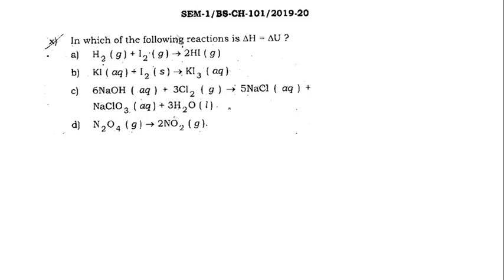Okay, now we have a question from thermodynamics. In which of the following reactions is delta H equal to delta U? That means the change in enthalpy and the change in internal energy are the same. For this we have to remember the relation between delta H and delta U: delta H equals delta U plus delta Ng RT.